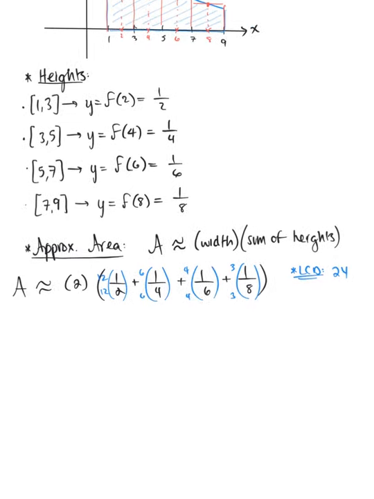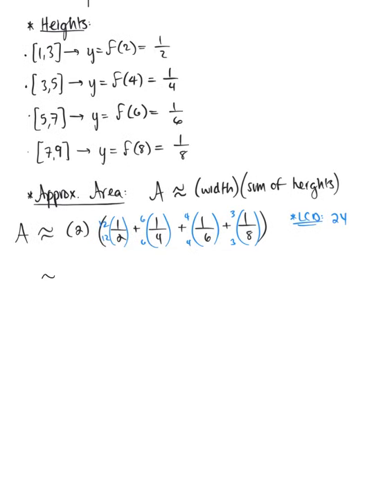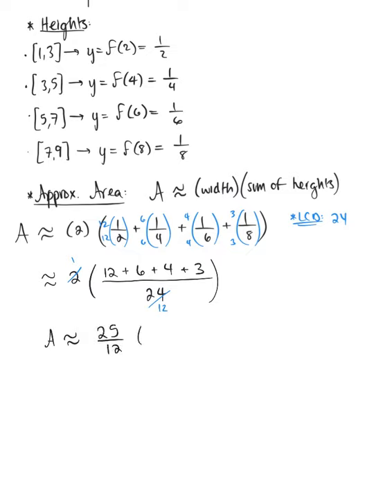So this is approximately equal to 2 multiplied by 12 plus 6 plus 4 plus 3, all divided by 24, our least common denominator. 2 goes into 24, thank goodness, 12 times. And so the area is approximately equal to 12 plus 6 is 18, plus 7 gives us 25/12 square units, because that's our area approximation.